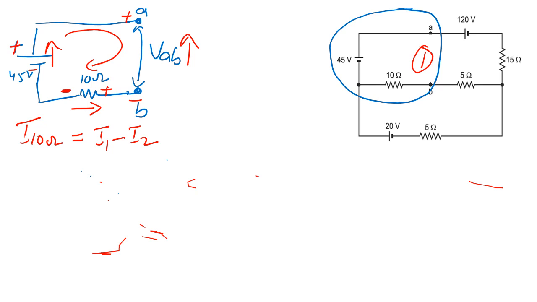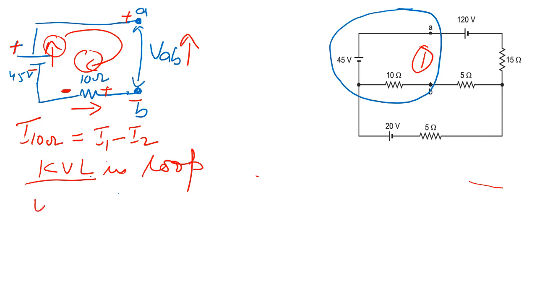Now if I apply the KVL in the loop, this is 45, as this direction and this direction are the same.